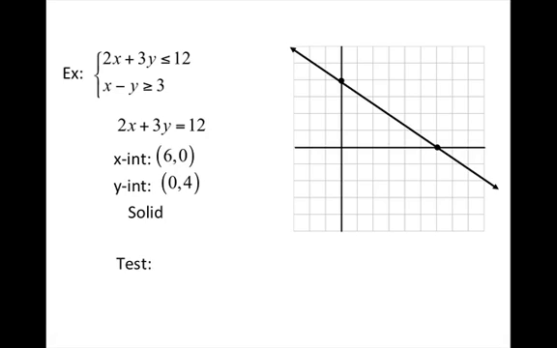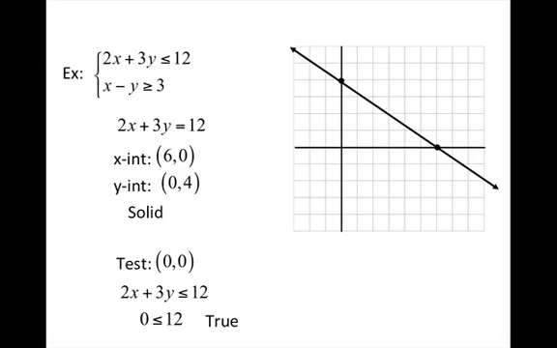So for this line, I can test 0, 0 because the boundary line does not go through the point 0, 0. So go to the original inequality, 2x plus 3y is less than or equal to 12, and replace x and y with zeros. When you do this, this gives me 0 is less than or equal to 12.